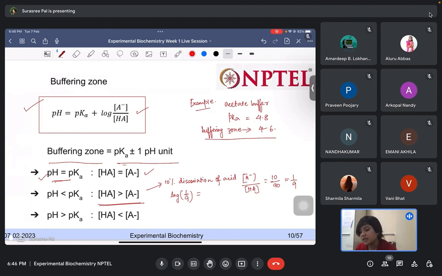It is approximately minus 0.95, or we can say approximately minus 1 if there is 10% dissociation of the acid.